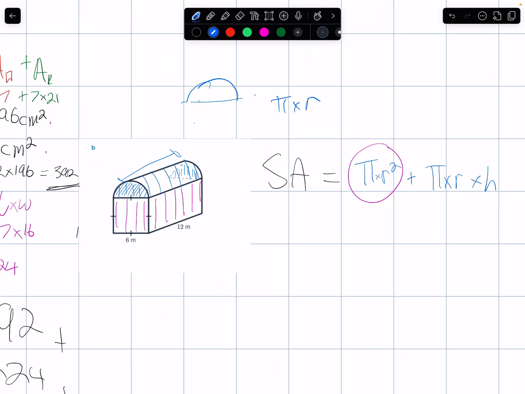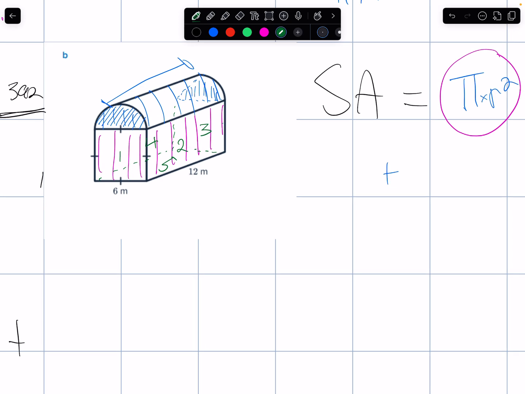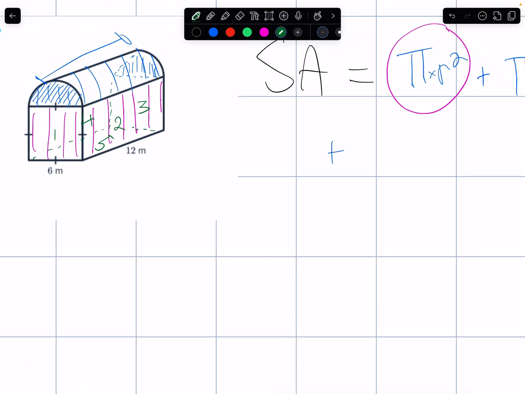Now, surface area is that plus all these faces here, right? So if we count the faces of our box, we have, let's do it maybe in dark green. 1, 2, this in here, 3, 4, and then we would have 5. Notice we don't have the top face, right? And so 1 and 3 are the same, 2 and 4 are the same, and 5 is the same.